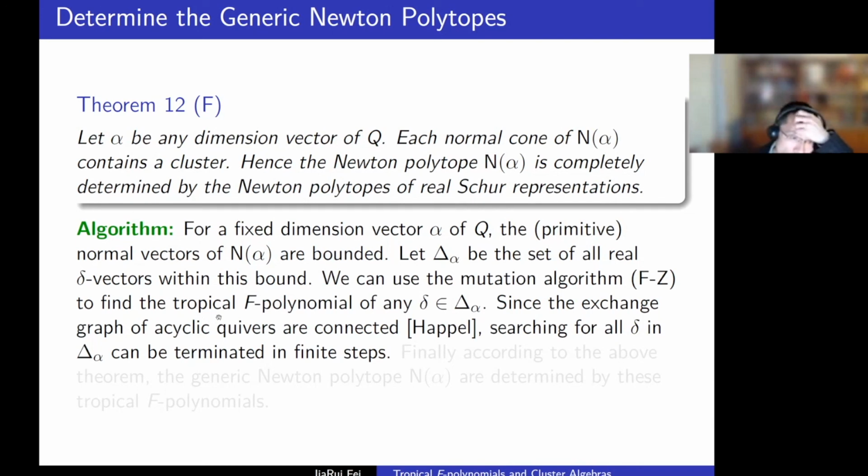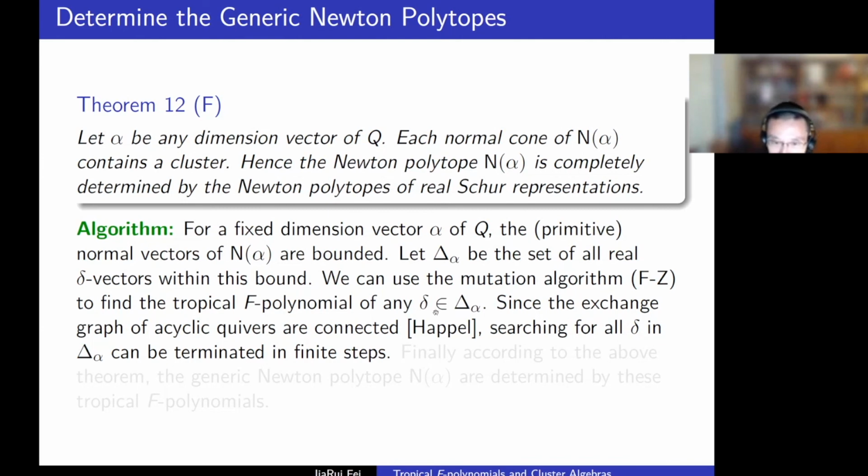This tropical F-polynomial calculation is just a tropicalization of the usual mutation algorithm. The mutation algorithm to compute the F-polynomial is quite expensive, but to compute the tropical version is quite cheap. Then the exchange graph of the acyclic quiver is connected. That simply says for each delta, we can always get this delta by applying a certain sequence of mutations.